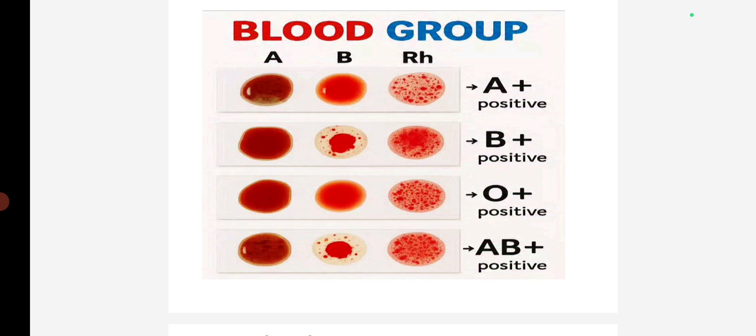So this is B positive. Third one, no agglutination occurs in A and B, only for RH. So O positive. Fourth one, agglutination occurs in A, B as well as RH. So this is called AB positive. In this way we find out the blood grouping.